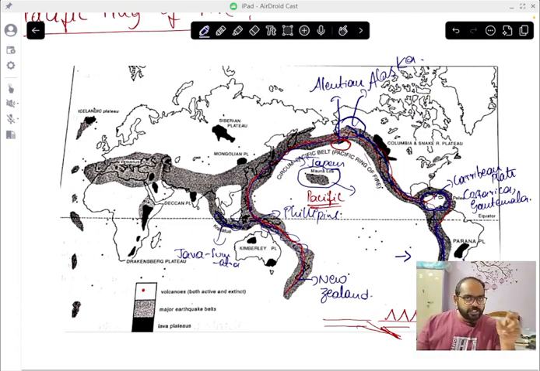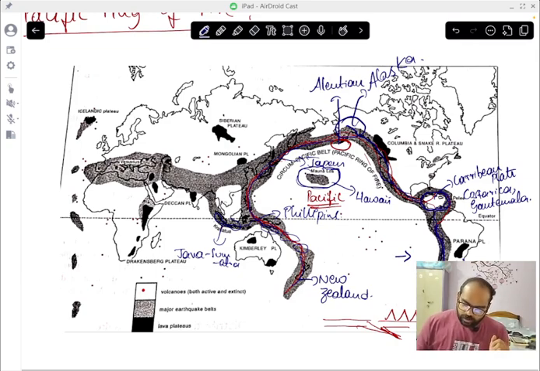So there is a proper explanation for how these volcanoes are formed. But Mauna Loa is present in the middle of the plate. So the possible explanation for this is mantle plumes. Okay, Mauna Loa, this is Hawaii.